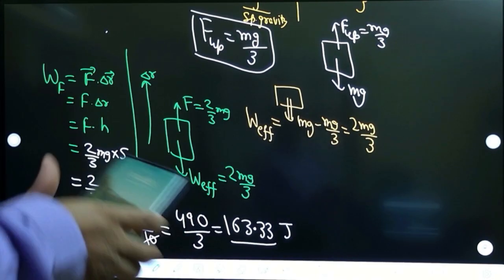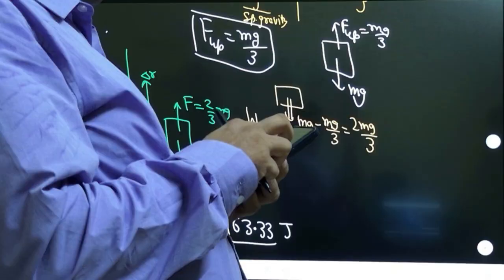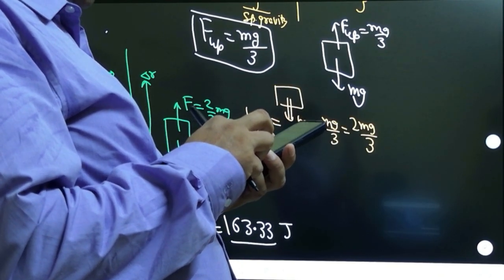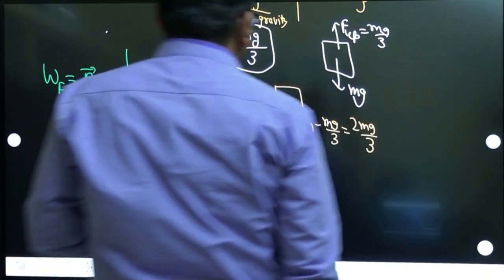Okay, 1 minute. Question number 22. An object is acted on by a retarding force of 10 newton.